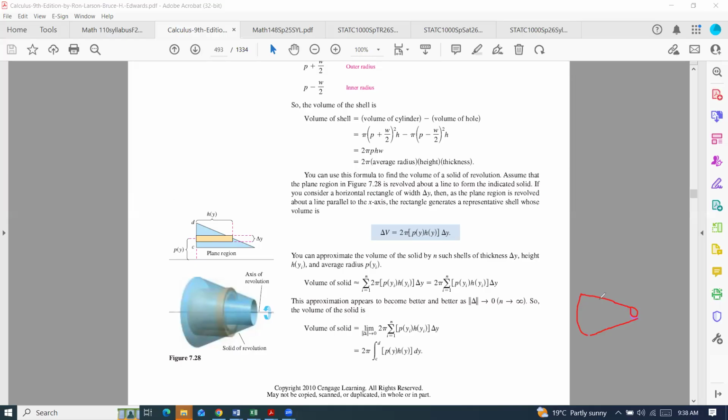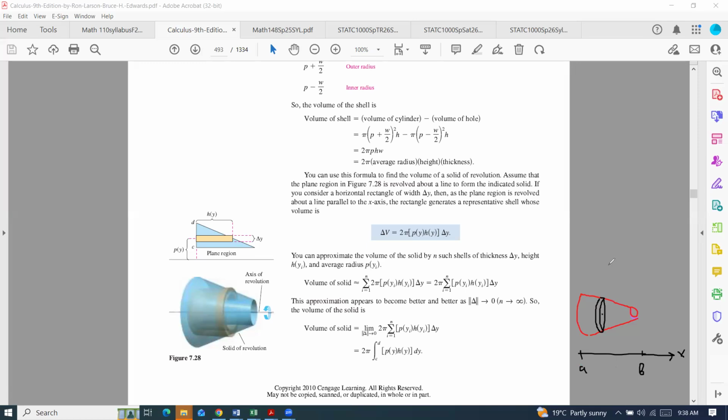So if I slice this volume by disks, and along the x axis, right, from A to B, I'm going to integrate, and this will be the radius, right?